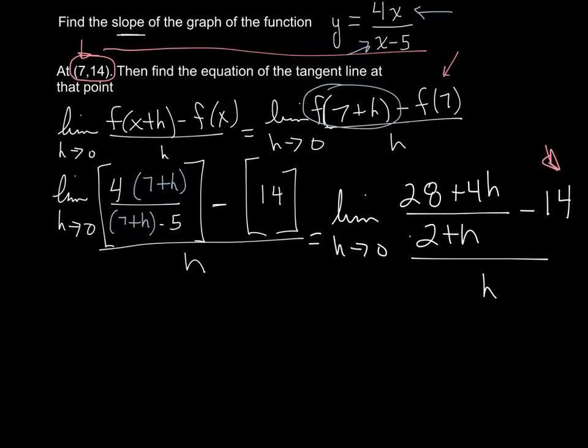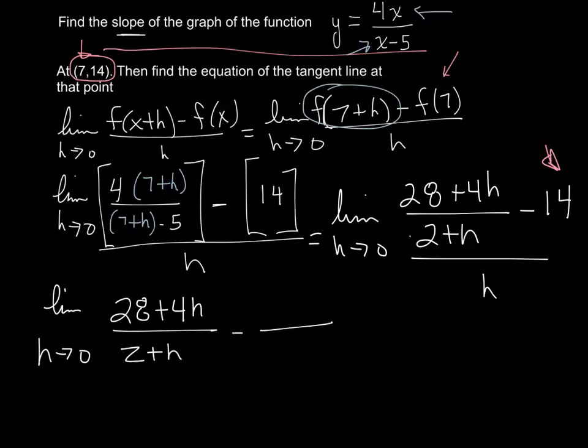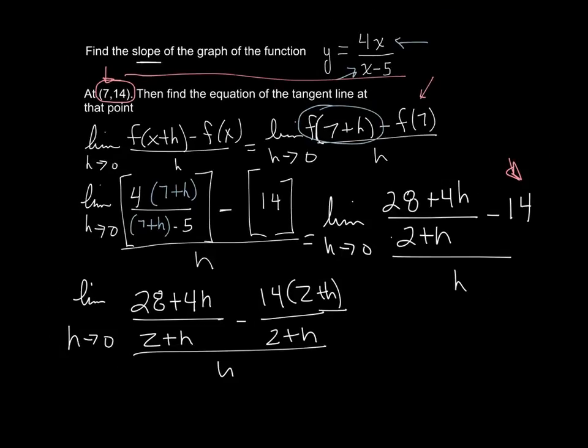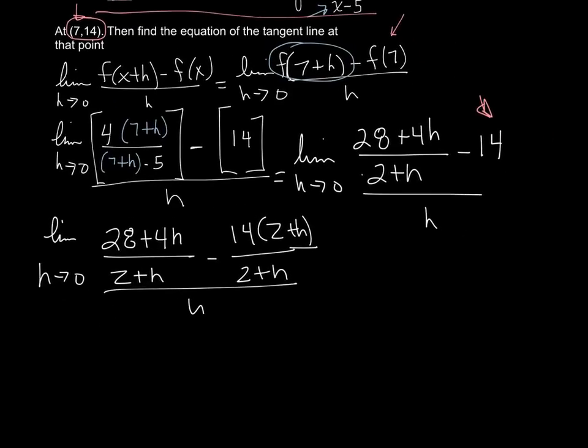So I'm going to have my limit as h approaches 0 of 28 plus 4h over 2 plus h. Well, this piece, I need a 2 plus h to get my least common denominator. So I multiply the top as well by 2 plus h. So all I'm doing is trying to get where I can make one fraction on the top.